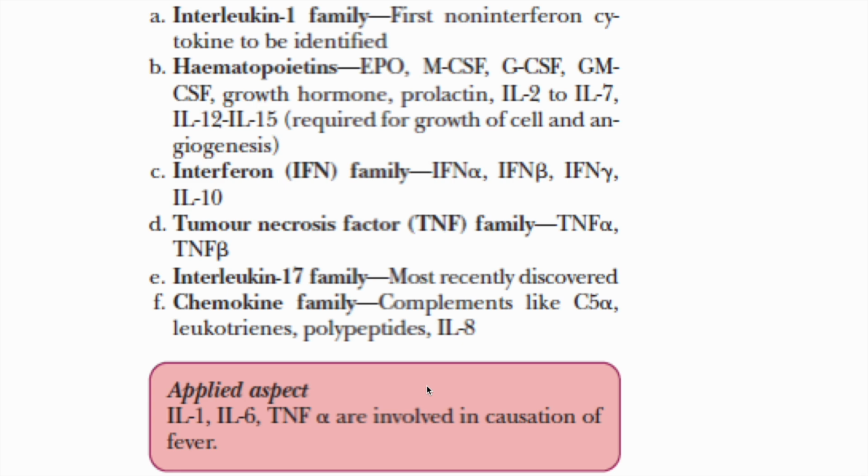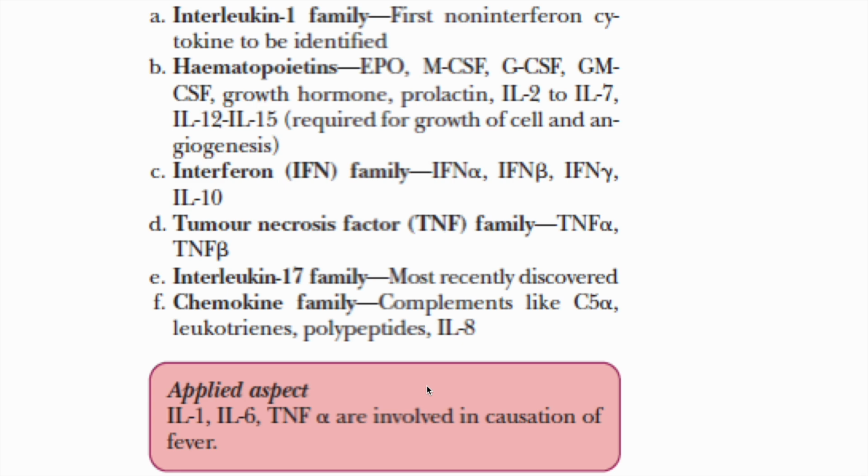Interferons family: alpha, beta, gamma, interleukin 10, tumor necrosis factors alpha, beta, and the interleukin 17 family, recently discovered. The chemokine family includes complement C5a, leukotrienes, polypeptides, and interleukin 8.